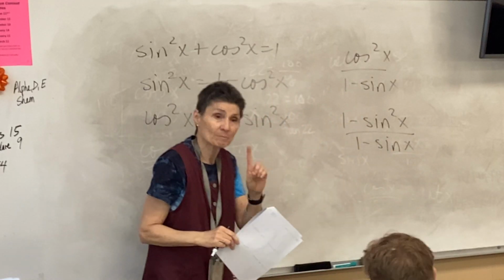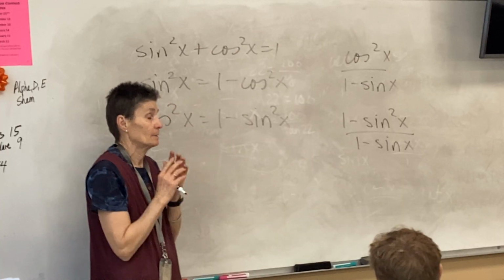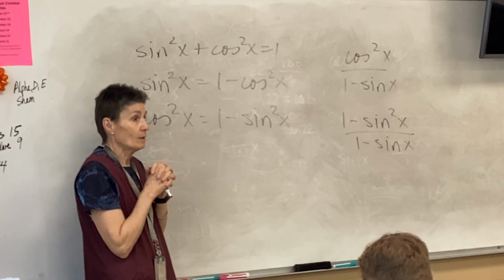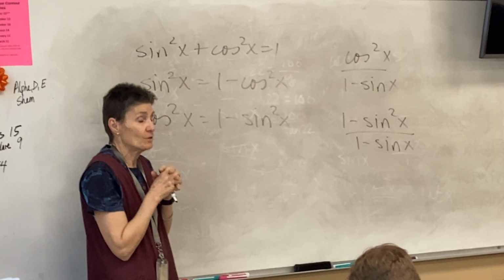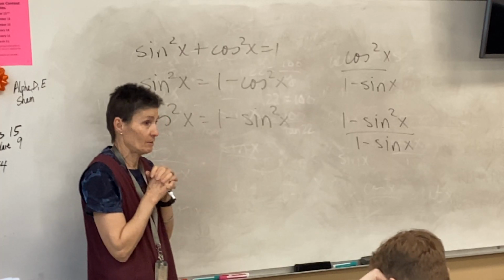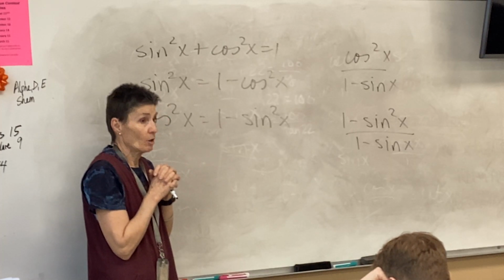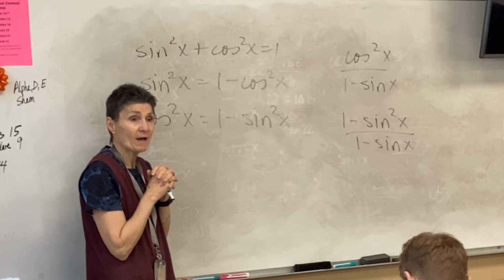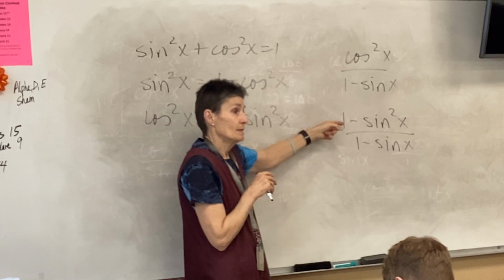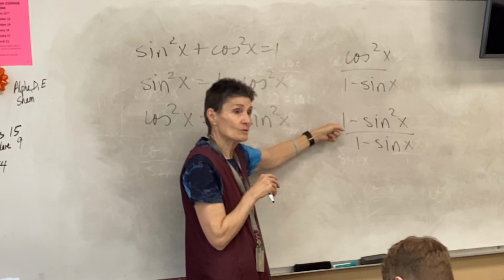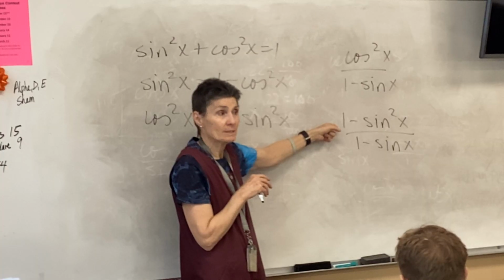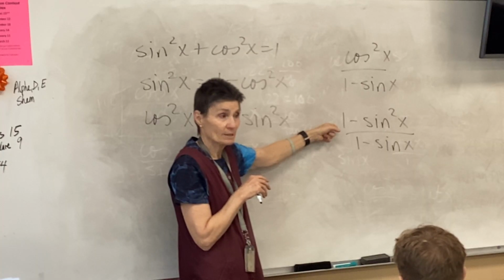They are not the same thing, so you can't cancel them. You cannot cancel part of the numerator or part of the denominator. It's all or nothing, unless you factor. This actually factors. Does anybody know how that factors? 1 minus sine squared? It's the difference of squares.